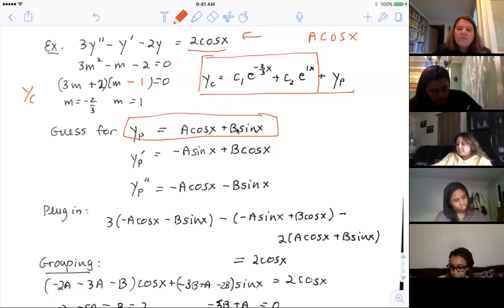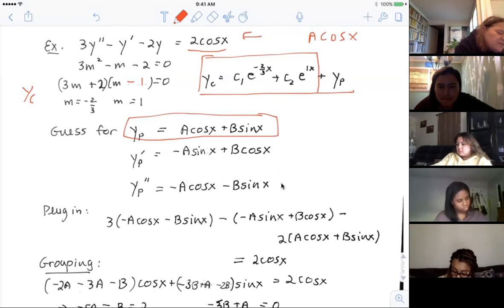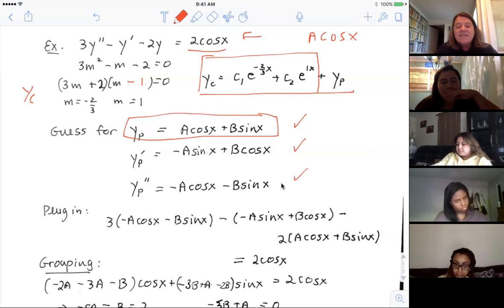The derivative of this one is b cosine x. I know it's a second order equation here. I'm going to need one more derivative to plug things in. So this will be minus a cosine x. This will be minus b sine x. So the next step, and really in a sense, the most important step, is you make your guess, you take its derivatives, and then you start to plug in.